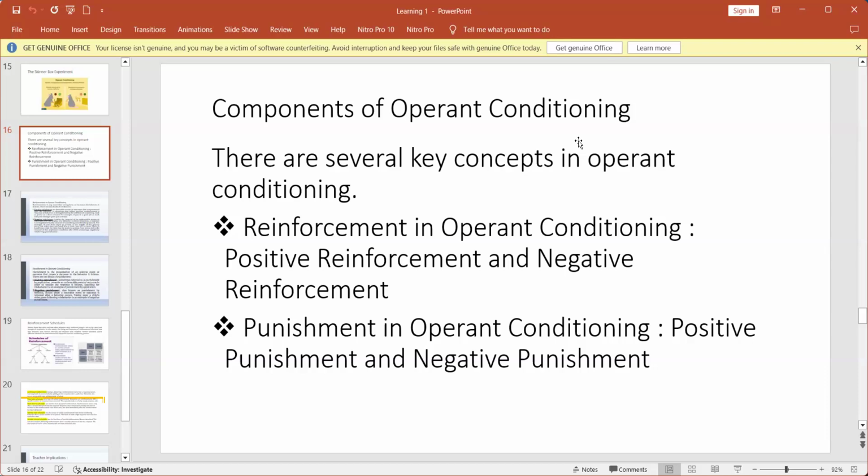If it is a reinforcement or a reward, they are always used with good behaviors, good learning. So if it is reinforcement or rewards, they are always used with good learning.